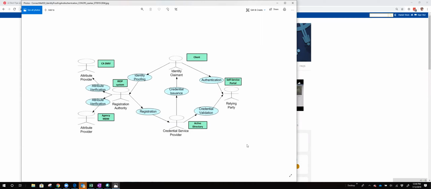We use fuzzy logic and learning algorithms to match data and establish the MCI, the master client index, that matches the patient records across many systems. So that's the identity formation, the composite identity.